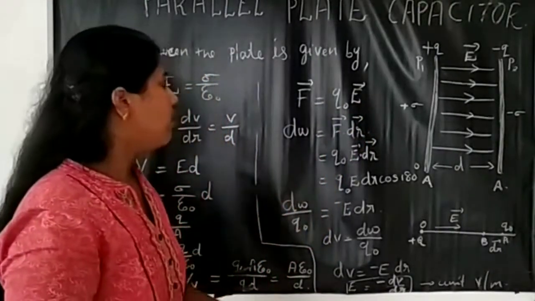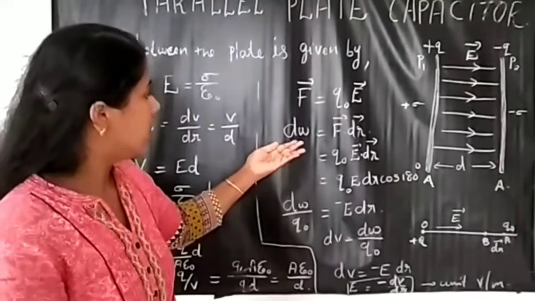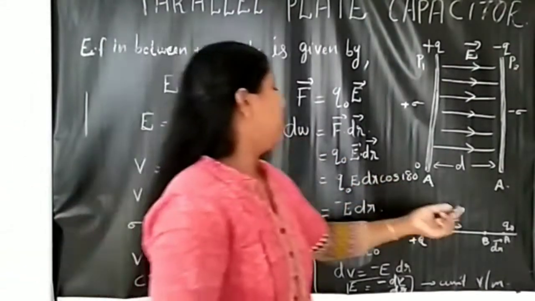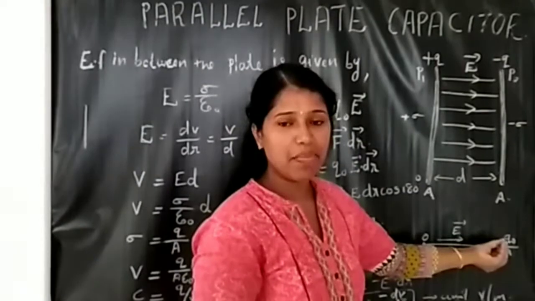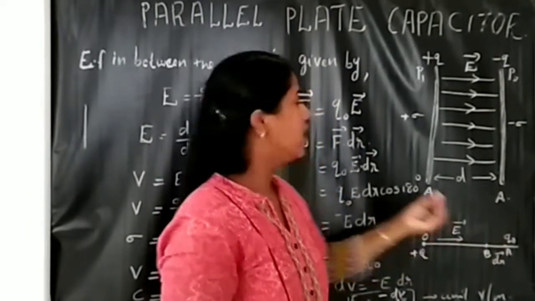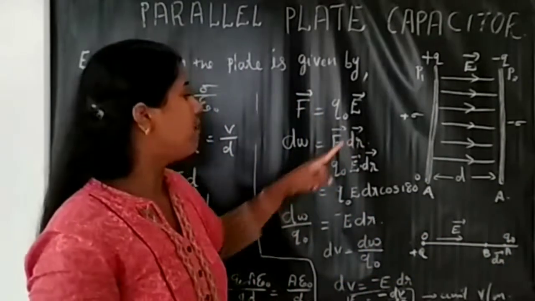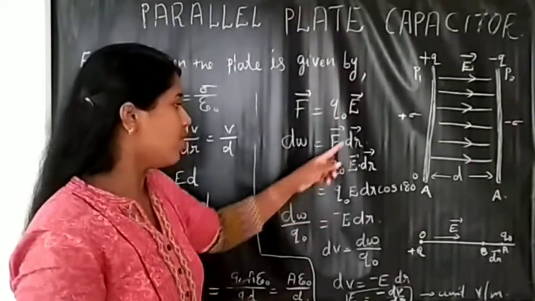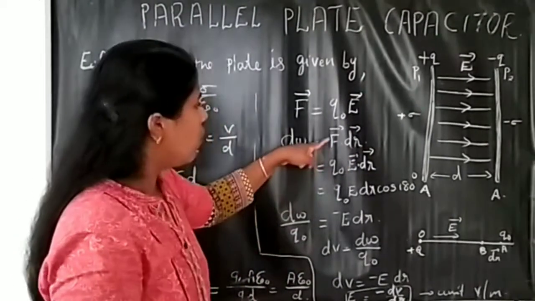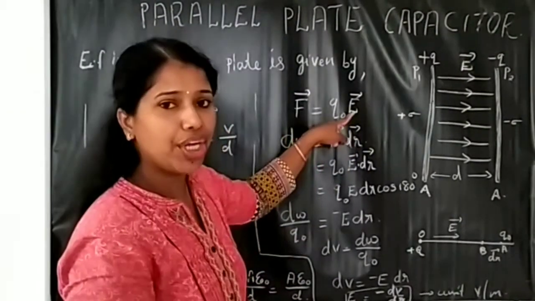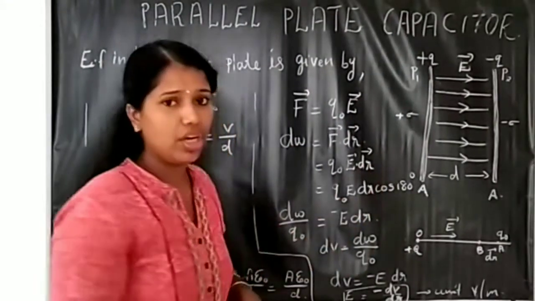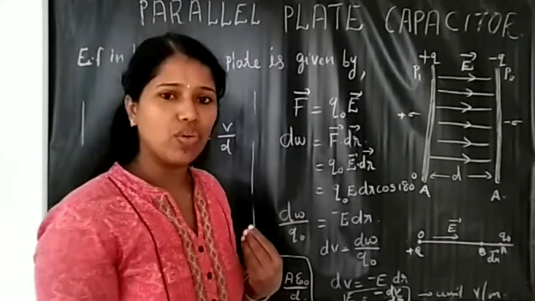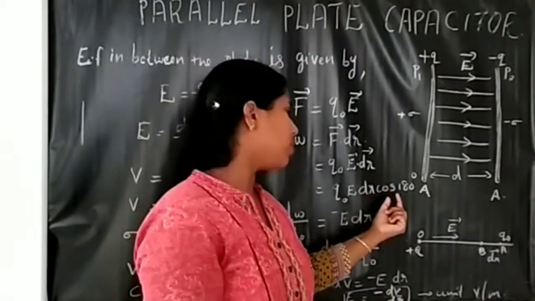Then we know the work done. Here there is another charge, a force is created over a distance, that means work is done. dW is equal to F dot dr, force into distance. Substituting F, we get Q naught E dot dr. Instead of the dot product we can use cos.